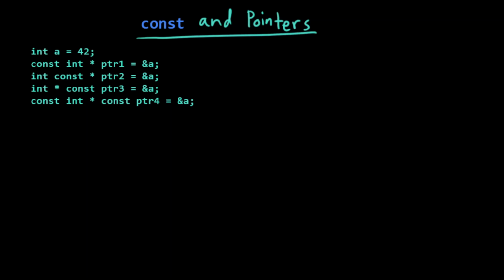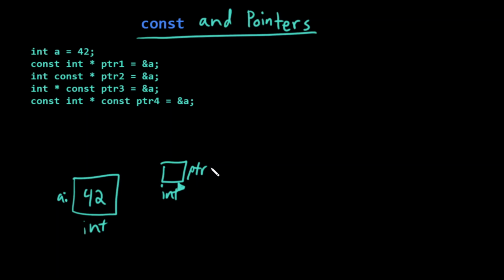Let's look at how the const keyword relates to pointers. On this first line, int a equals 42, I'm creating a new int called a, and its value is 42. On the next line, I'm creating pointer1, which is a pointer to an int that's const, so a const int. So const int pointer called ptr1.